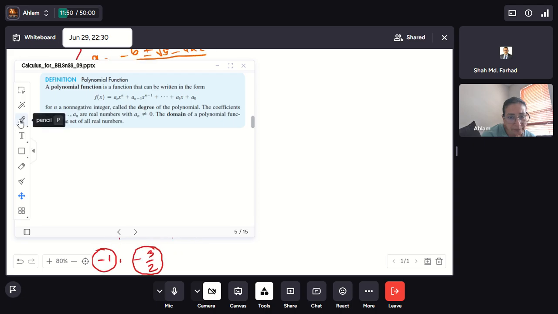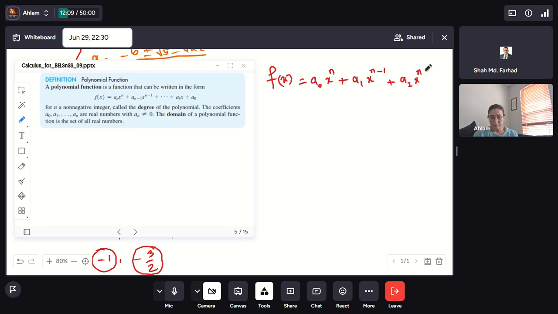So a polynomial function is basically in the form f of x equals a naught x to the power n plus a1 x to the power n minus 1 plus a2 x to the power n minus 2, and so on, plus a n, in this form.